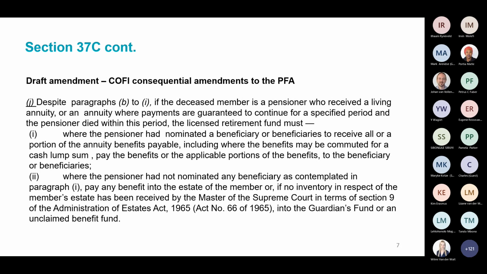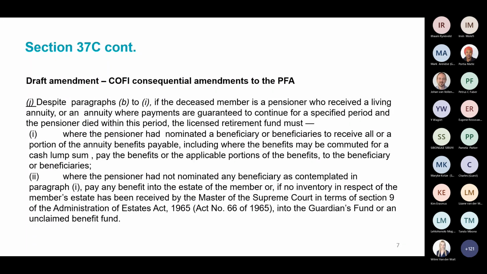So as you see, there has been a shift from the interpretation ruling 1, which says that 37C would be applicable. So you see that the nominee would then be paid where the pensioner has in fact nominated such persons. Again, it really illustrates the importance of nominating people as well to receive your benefits.